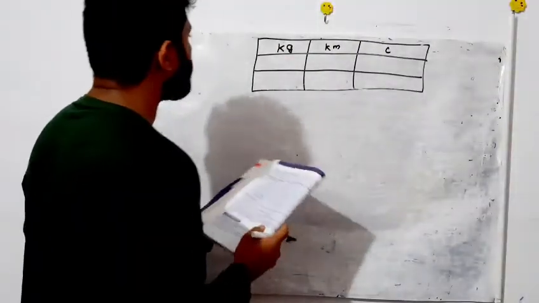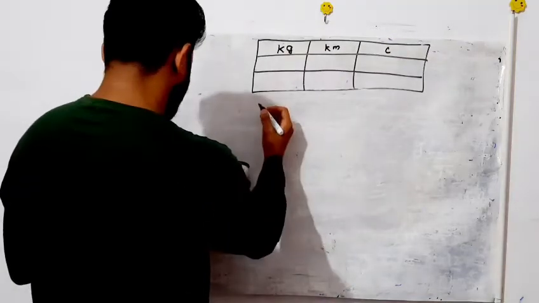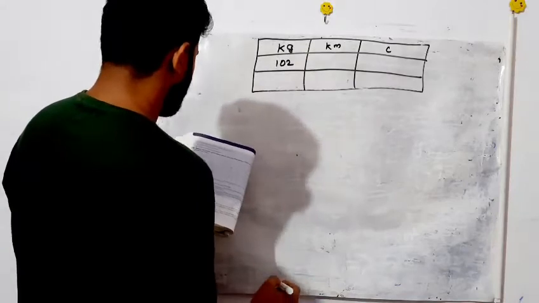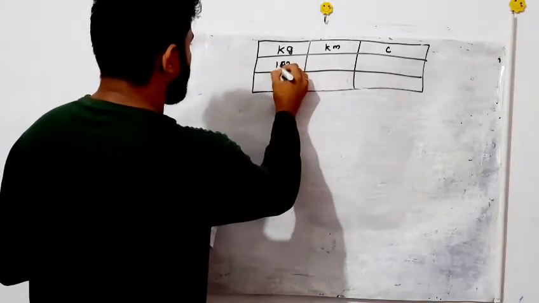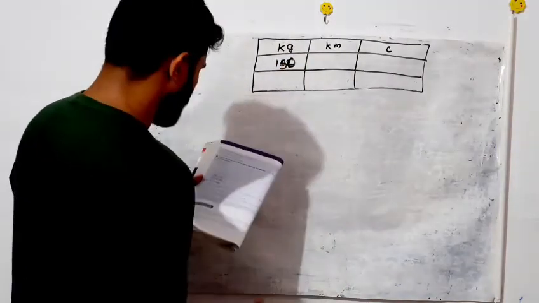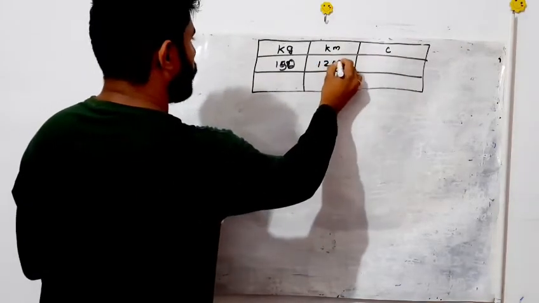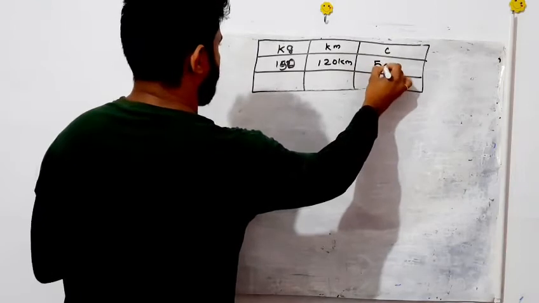How can we find out? Here, the first one, kilogram, how much? 150 kilo. And second one, 120 kilometer, and cost is 50.